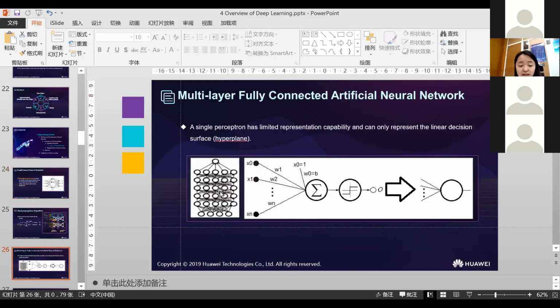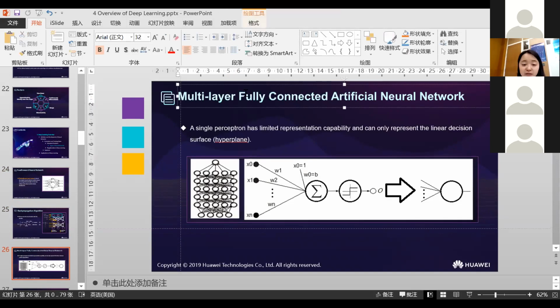So here is an example of a multi-layer fully connected neural network. So what is a fully connected artificial neural network? Here, multi-layer means there are a lot of hidden layers, and fully connected means every neuron receives information from all the neurons of the last layer.